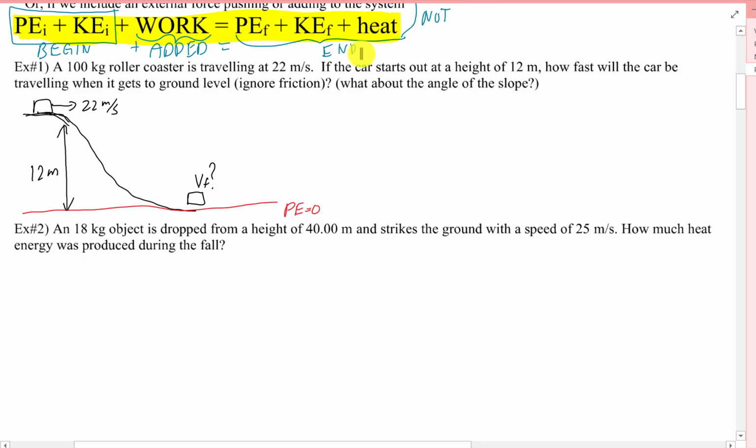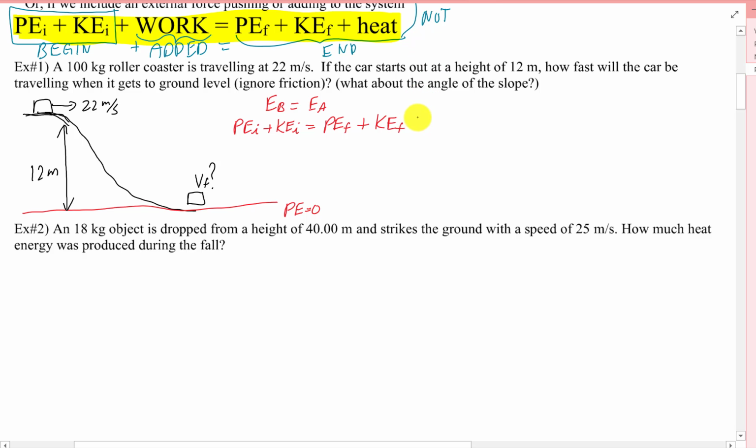But there is no friction, so there won't be any heat. So the energy before equals the energy after, and the energy before is potential energy initial plus kinetic energy initial, which has to equal the energy at the end, potential energy final plus the kinetic energy final. There is no heat, so I won't put the heat in.